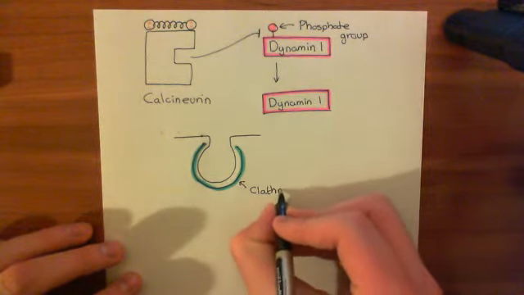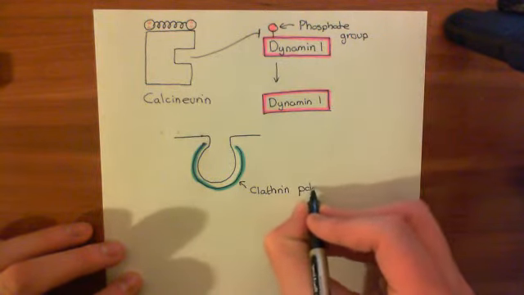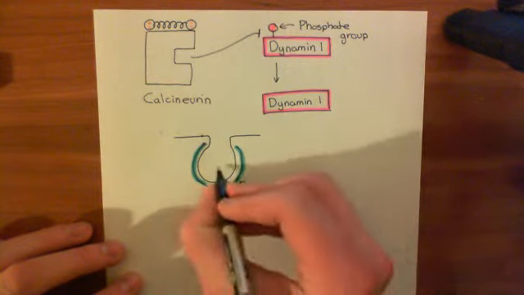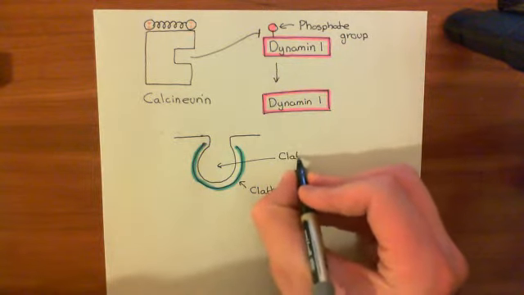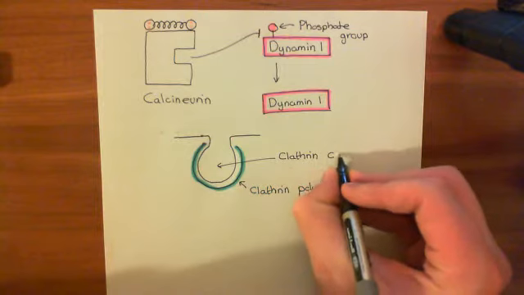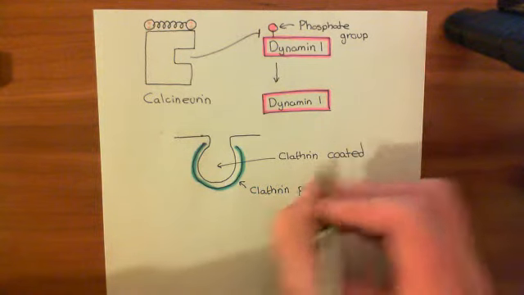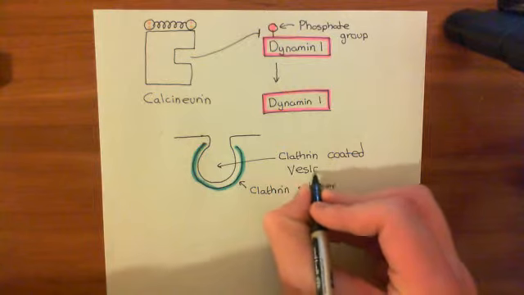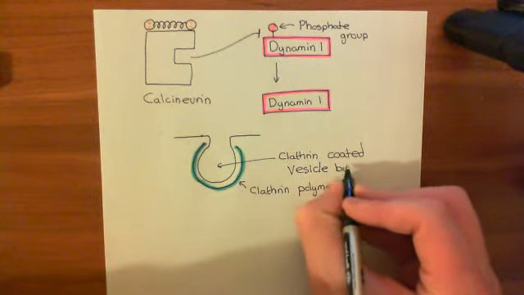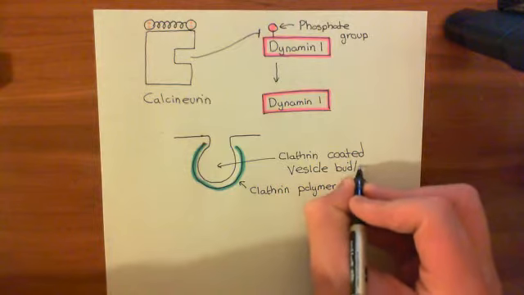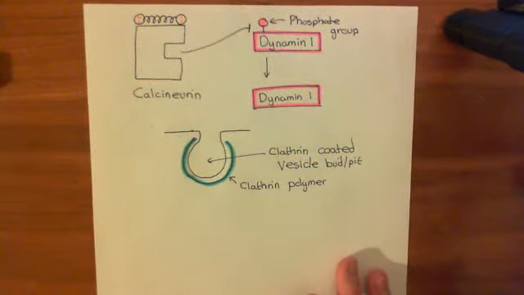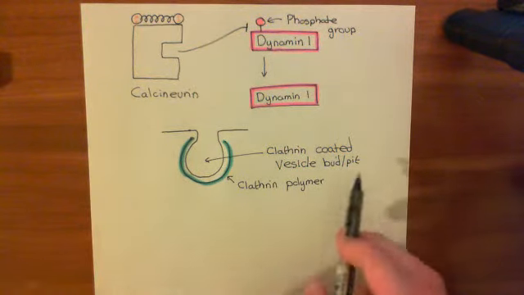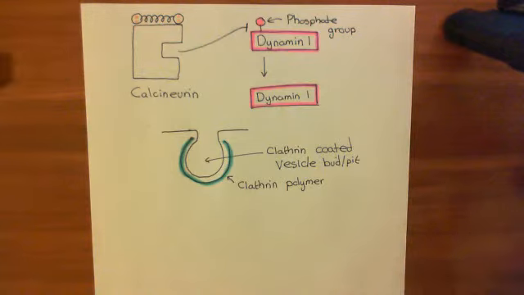The whole structure is referred to as the clathrin-coated vesicle bud. Or you can also call it the clathrin-coated vesicle pit. Both of those terms are often used.